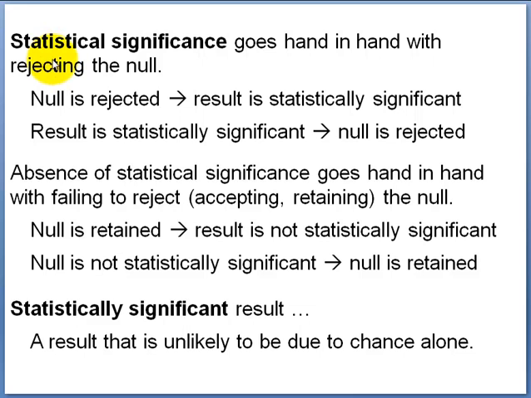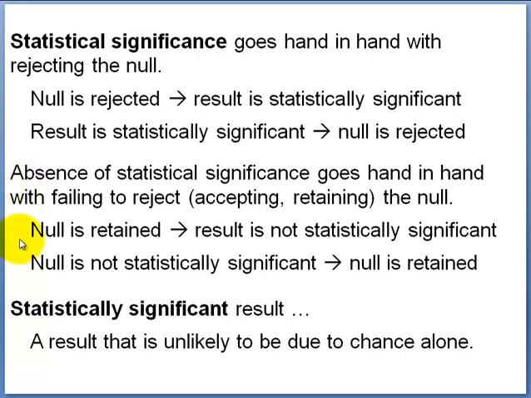Now let's introduce a couple more terms. The term statistical significance goes hand in hand with rejecting the null. Rejecting the null and statistical significance are one and the same. So when the null is rejected, we say that the result is statistically significant. And further, the absence of statistical significance, or saying the result is not statistically significant, goes hand in hand with failing to reject, which is to say accepting or retaining the null.